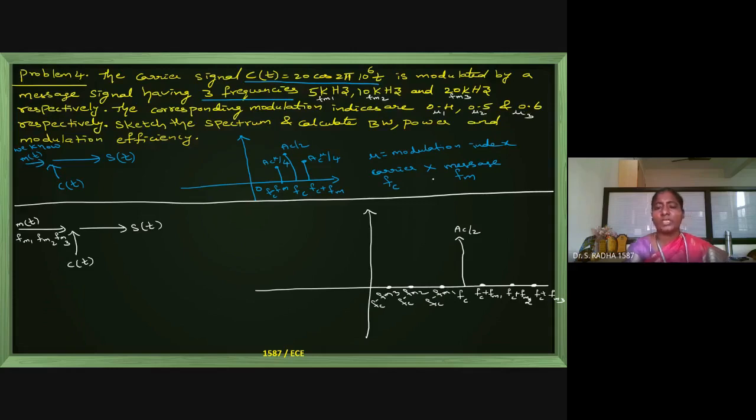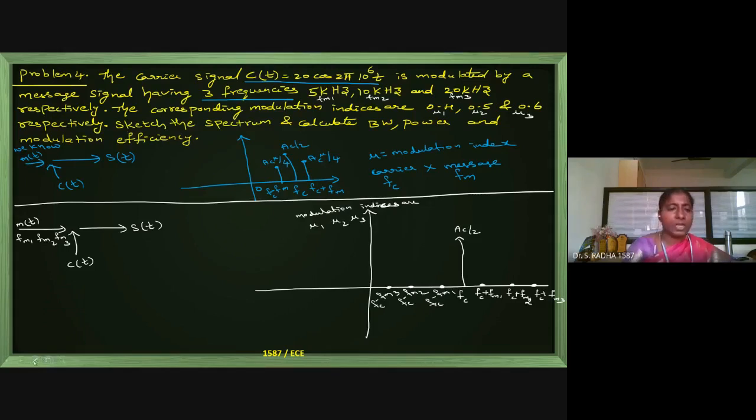Three modulation indices are given. Here I will write the modulation indices are mu1, mu2, mu3. The height AC mu by 4, we will calculate for all three different cases.